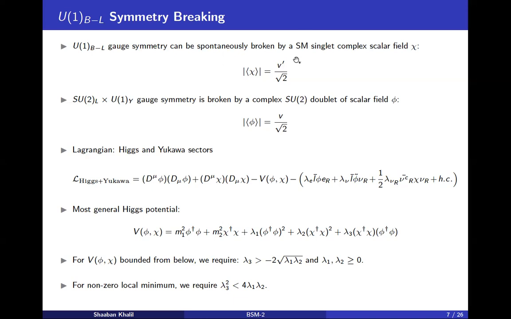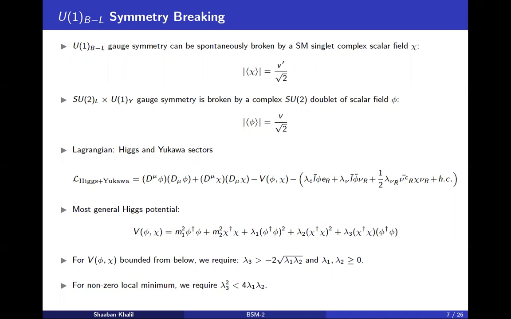We do this and we minimize the potential. We have to assume M1 squared and M2 squared should be negative, otherwise you will not get a non-zero vacuum.